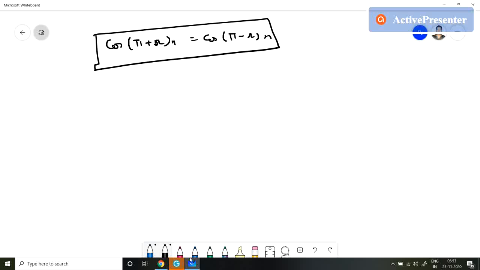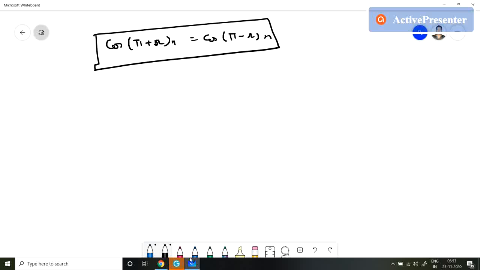This equation tells us that a sinusoid of frequency π + Ω has the same waveform as one with frequency π - Ω. Therefore, a sinusoid with any value of Ω outside the range 0 to π is identical to a sinusoid with Ω in the range 0 to π.